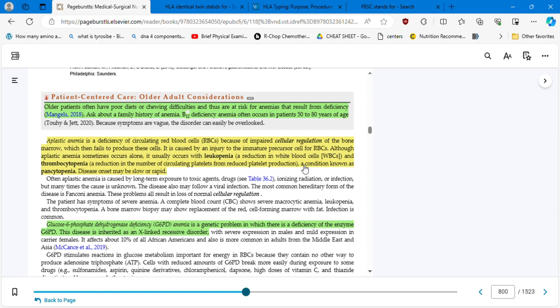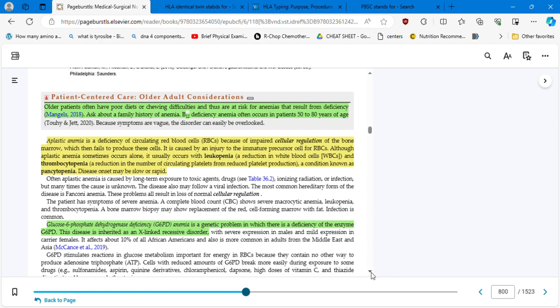Disease onset may be slow or rapid. So pancytopenia is a reduction in the three little soldiers of the blood, your RBCs, your WBCs, and your platelets. Okay?